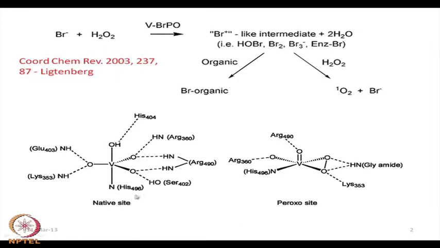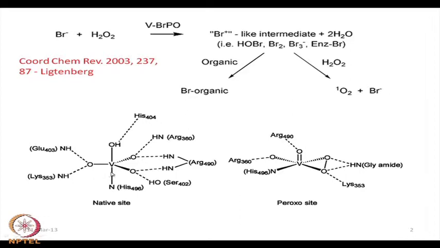So, this coordination of the nitrogen from the histidine side chain is very important and well known, because whenever we have a protein chain, it can coordinate to the vanadium site. We see this also in the hemoglobin molecule, where the porphyrin binds to the iron site and the fifth coordination site is occupied by the nitrogen from the globin chain.